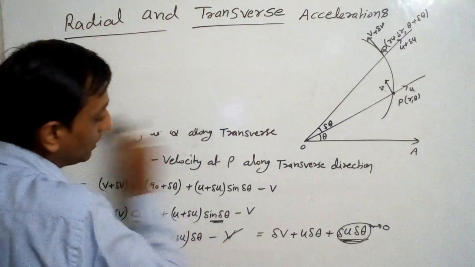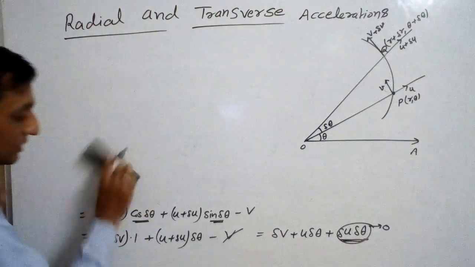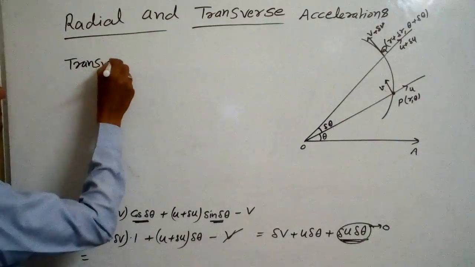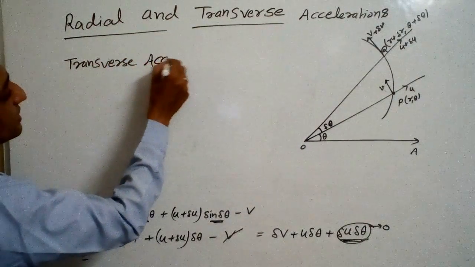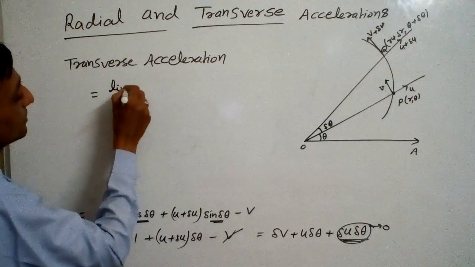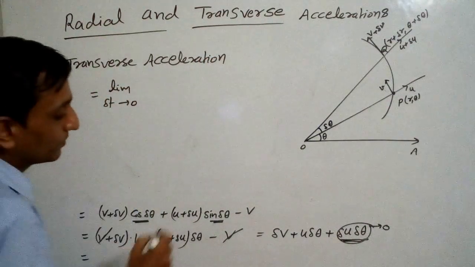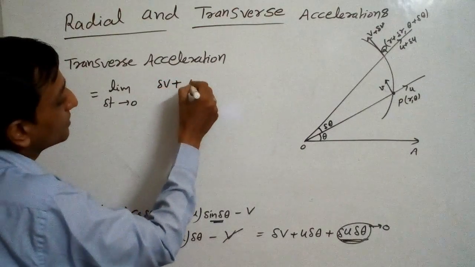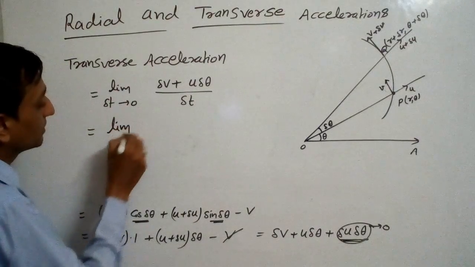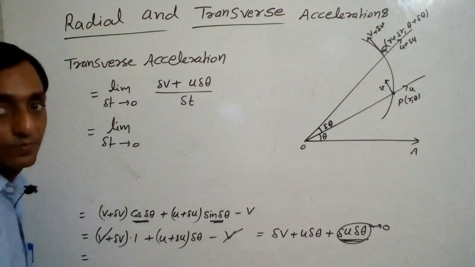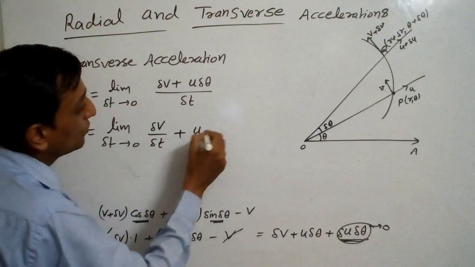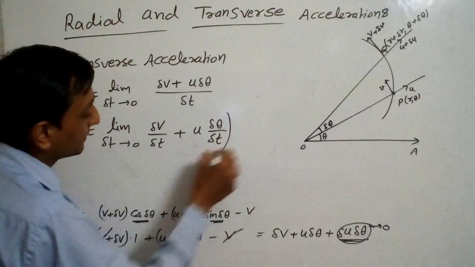Transverse acceleration is equal to the limit as delta t tends to 0 of (delta V plus U delta theta) over delta t. So this will become the limit of delta V over delta t plus U delta theta over delta t.